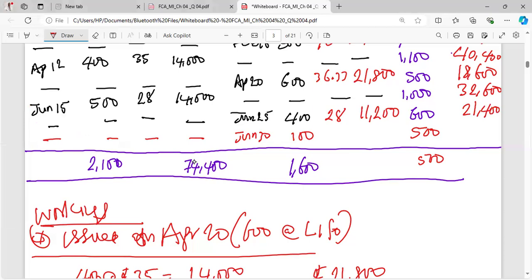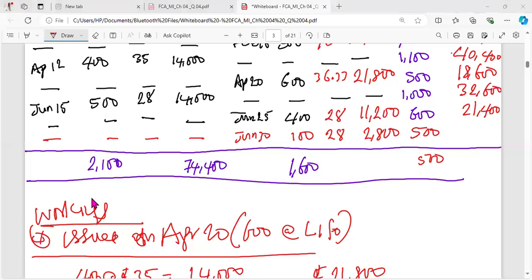21,400. Okay, so this remaining 100, where do we take it from? Of course, from the last one, we've taken 400 from it. So this 100 will also be taken from it. So 100 here at 28 will give us 2,800.